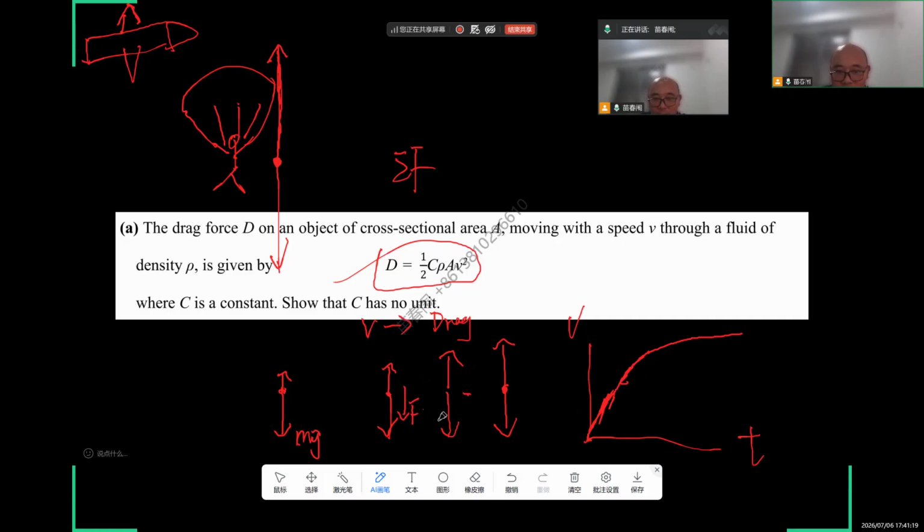The resultant force is going to keep decreasing until eventually F resultant is zero. At this point F resultant is zero, it's totally balanced in a situation like this.